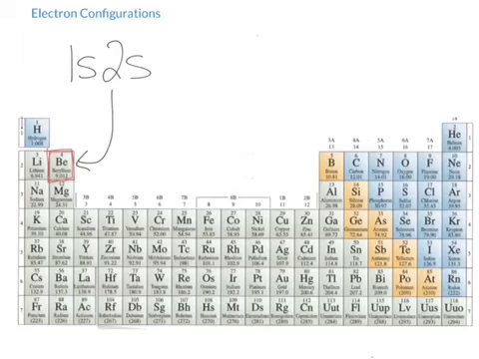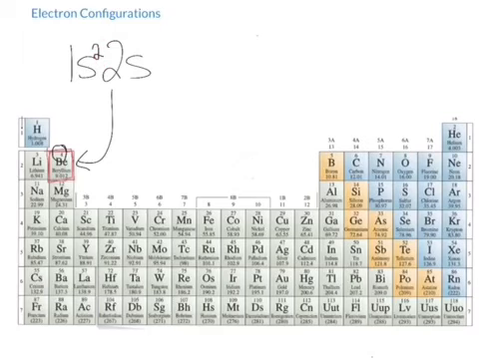Why is that? That's because beryllium has 4 protons, and as a neutral atom, 4 electrons. 2 of those electrons went into the 1s subshell. Notice this 2 right here indicates that there are 2 electrons in the 1s subshell, so that one's full.